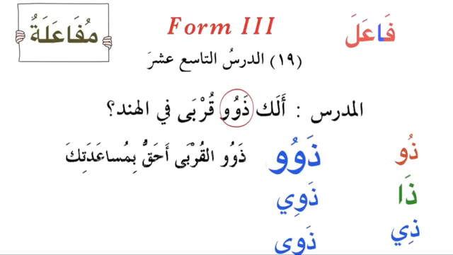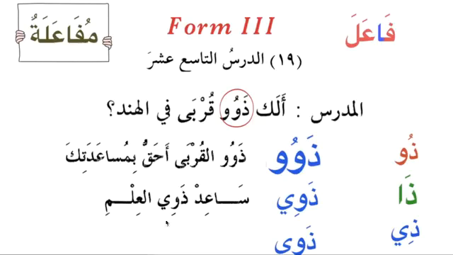Zawul qurba ahaqqu bi musa'adatika. So they have more right to your help. If you want to help somebody, first you need to help your relatives. Now an example of zawi: sa'id, help. Help who? So we need to look at maf'ulun bihi mansubun.